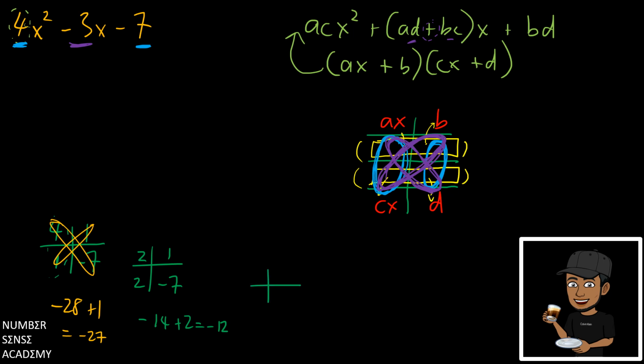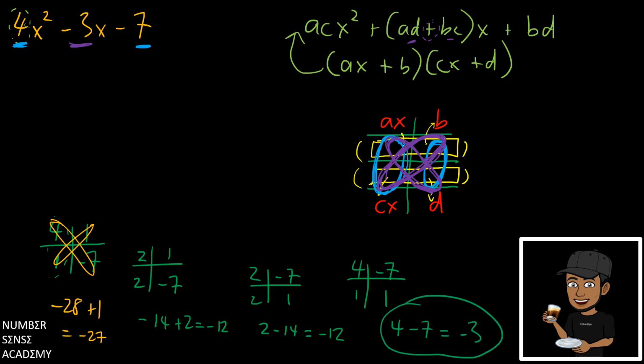So let's try another one: 2, 2, -7 on top, and then 1 below. I'm back to where I started. I have 2 minus 14, which is -12. So this doesn't work. Let's go back to my 4 and 1. So I'm going to go 4, 1, and -7 and 1. And this now gives me 4 minus 7, which is -3.